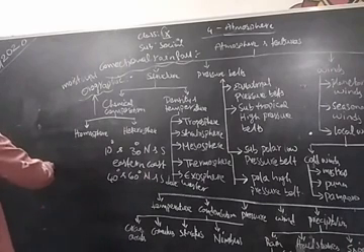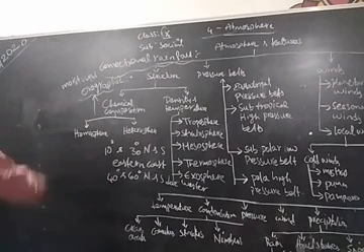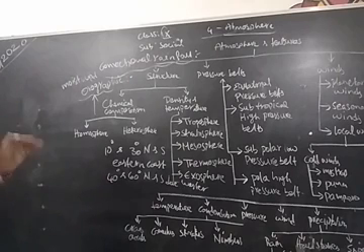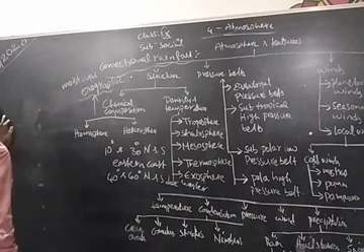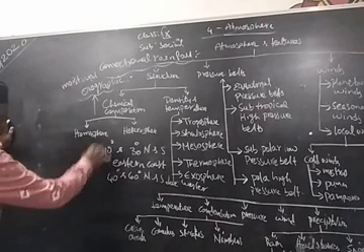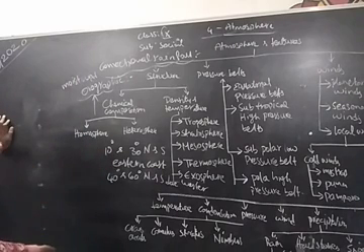Low pressure areas, especially around the equator, receive heavy rainfall compared to high pressure areas.